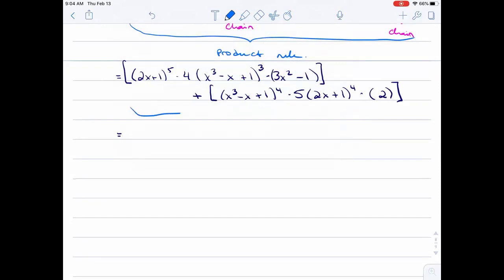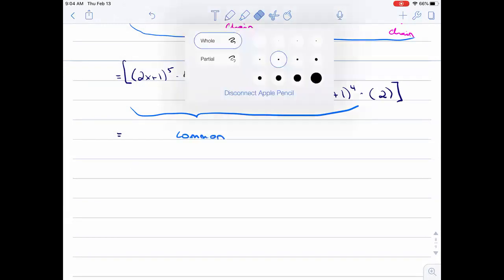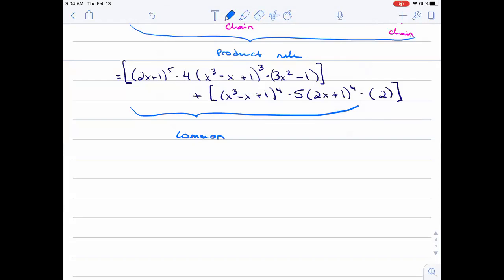But what we've got here is we can say, okay, well, we've got a common, and I'll move these, common, and what did we say? 2 times 2x plus 1 to the power of 4, and also a common x to the 3 minus x plus 1 to the power of 3.